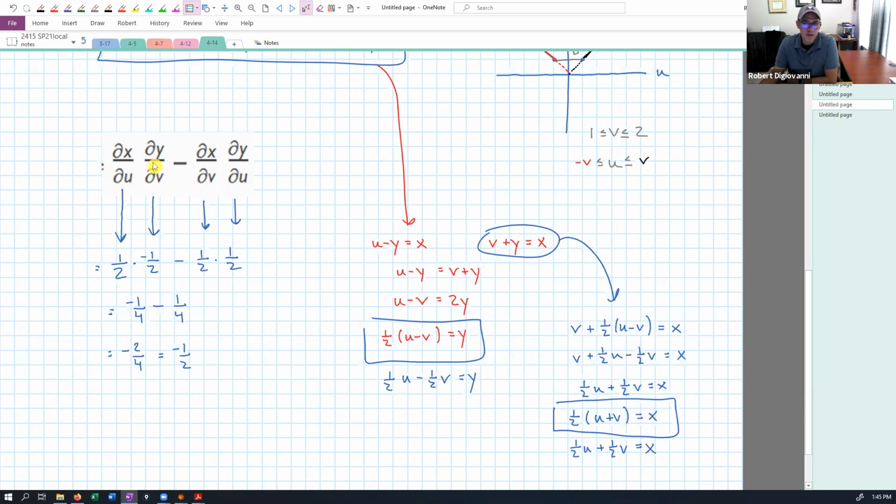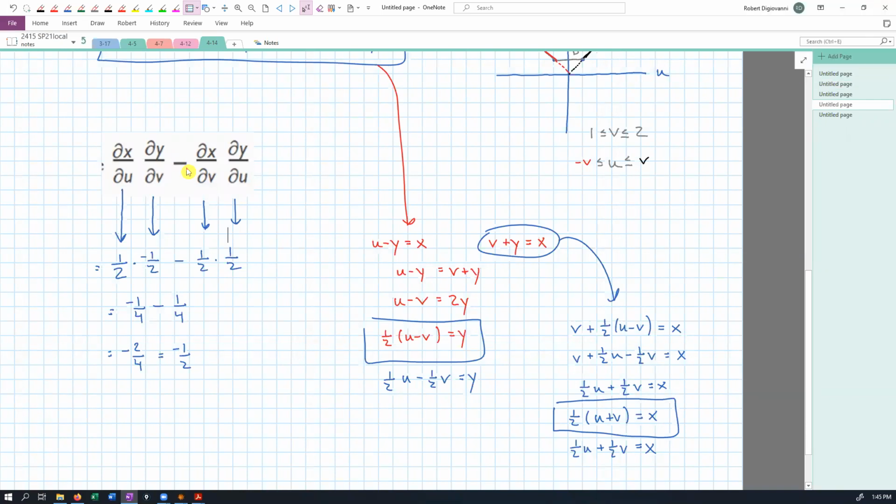Because in your expressions, you only have u or v to the first power, right? So when you take the derivative of it, it's going to vanish and you're just going to get the coefficient in front. So yes, that is correct. If you have a linear transformation, then your Jacobian will always yield a constant, some sort of scalar. All right, works for me. Good. Just wanted to make sure. No, that's good. That's a good insight.